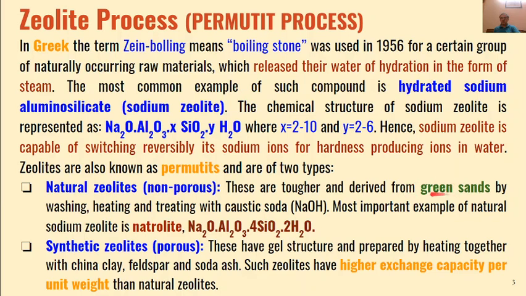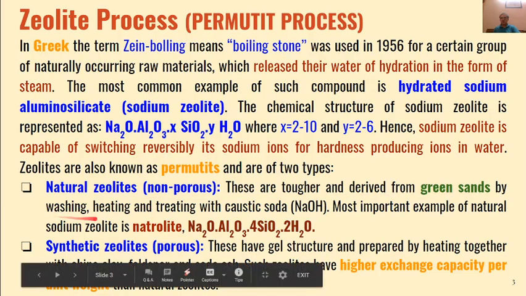They can be prepared when these sands are first washed and then heated in the presence of caustic soda. If we heat them in the presence of sodium hydroxide after washing, they are converted into natural zeolites, which are non-porous in nature.